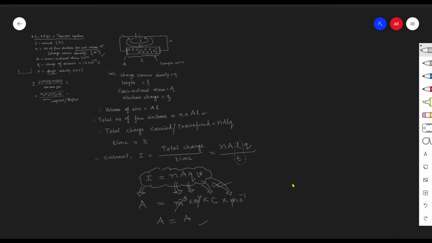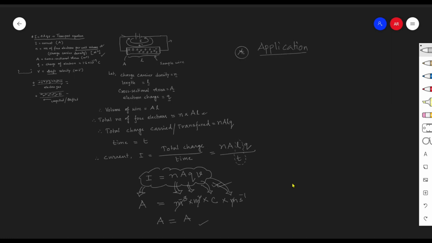Something I would like to mention right here. How can this equation be applied in the circuit, how are we making use of this equation?